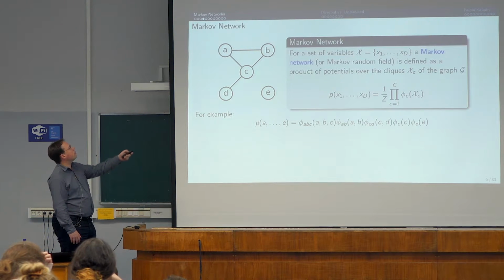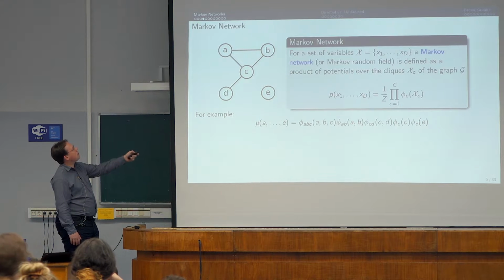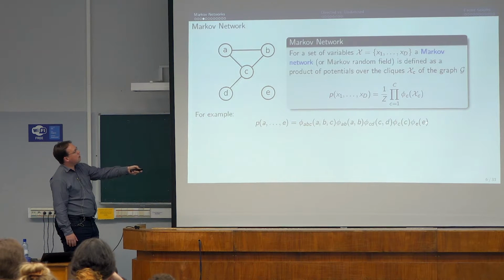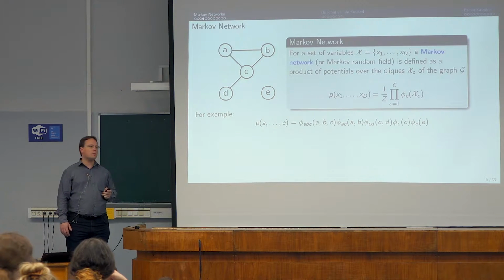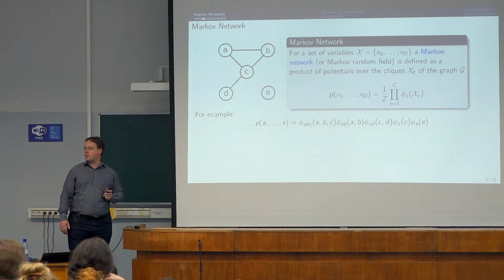Or the other way around, this kind of graph is compatible with this kind of factorization if the only terms that show up inside these functions correspond to cliques of the graph. So does everyone remember what a clique of a graph is? It's a fully connected subset.